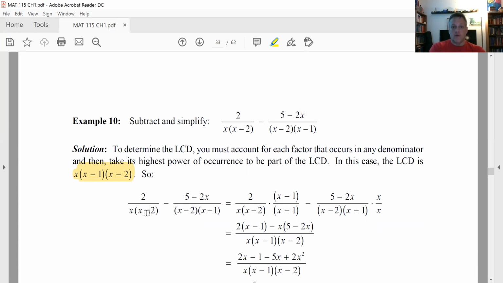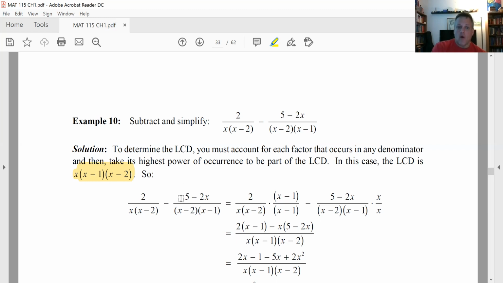So I'm going to multiply top and bottom by that particular factor. If I do that, I get 2 times x minus 1 over the bottom. This whole product will be an equivalent fraction to this one, but now the denominator will be the LCD.